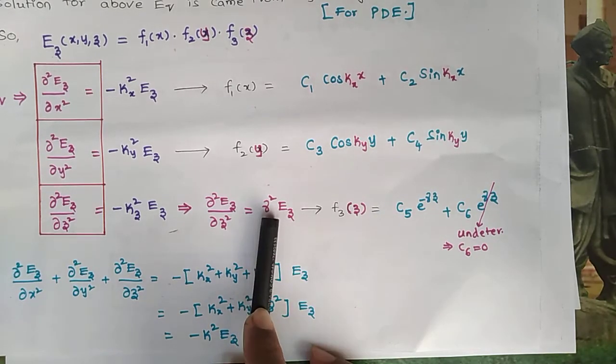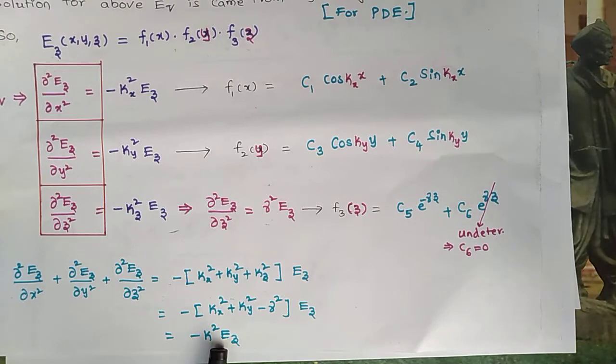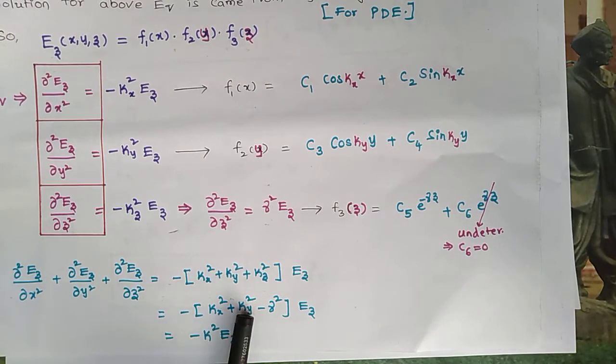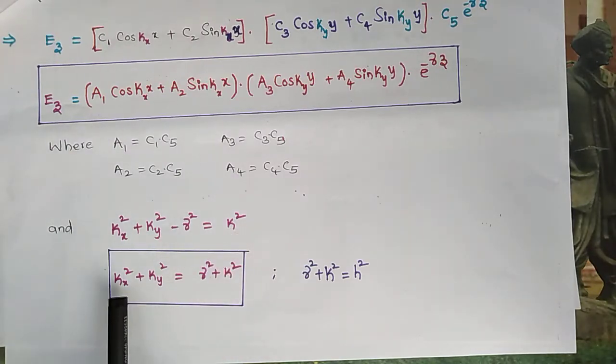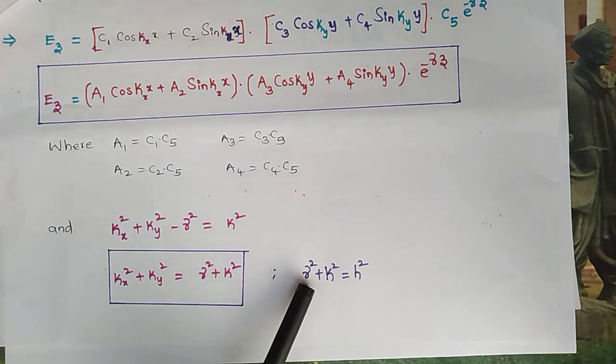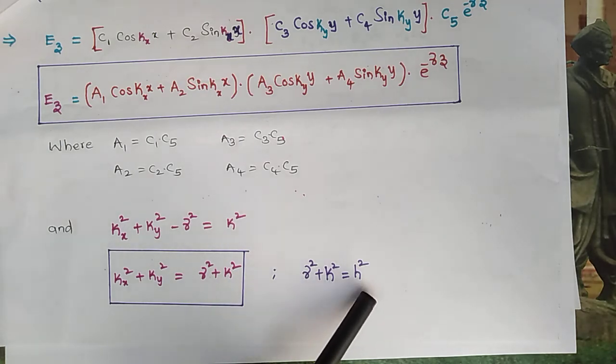This is the Helmholtz equation for the uniform plane wave. So I can write kx square plus ky square minus gamma square equals k square. Next, kx square plus ky square equals gamma square plus k square. Again, gamma square plus kx square equals h square.